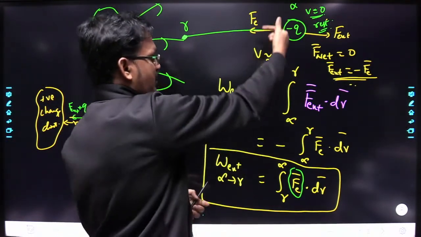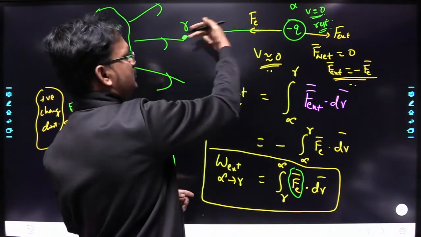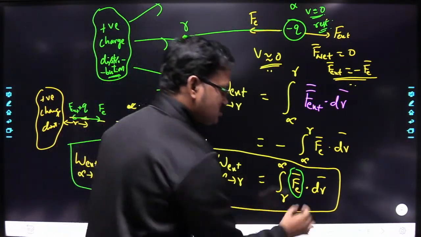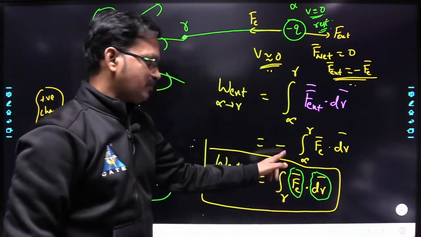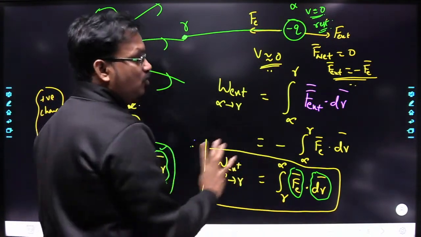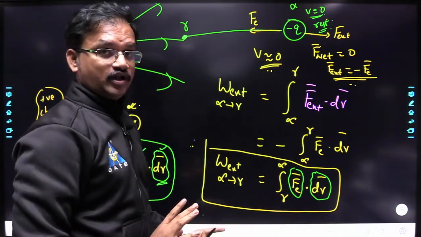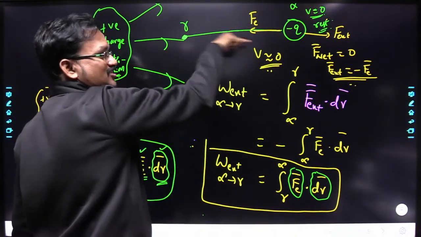Okay, so that means F electrical is pointing from infinity to r. In this direction it is pointing. Whereas dr bar, always you have to consider the direction of dr bar is given by what? Given by this range. So here this dr bar is pointing from where to where? From r to infinity. So that means it is pointing from r to infinity. That means it is pointing in this direction.